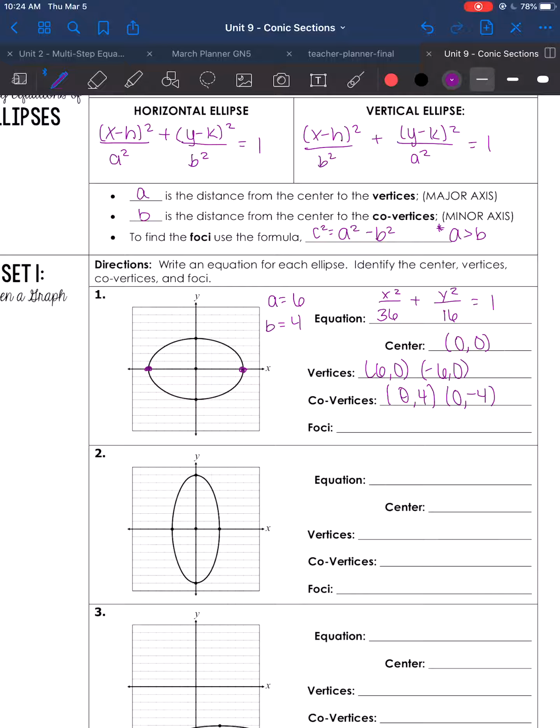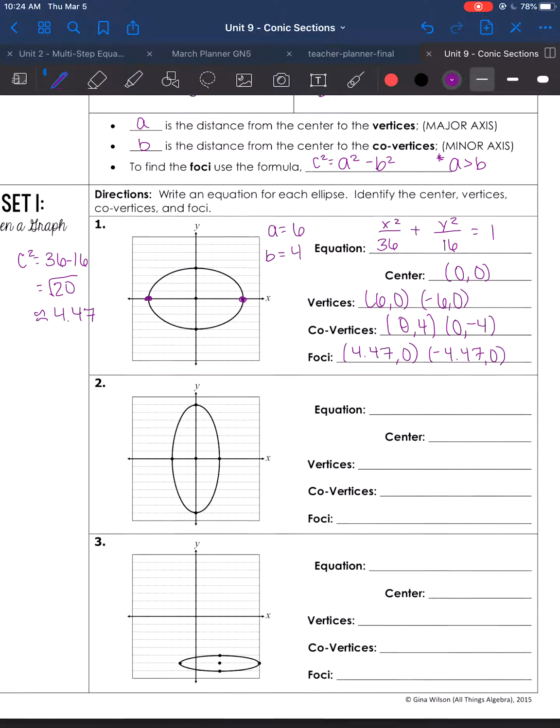Then my foci are what I need to find. So c squared equals 36 minus 16, which gives me 20. The square root of 20 is about 4.47. So I get (4.47, 0) and (negative 4.47, 0) as my foci.